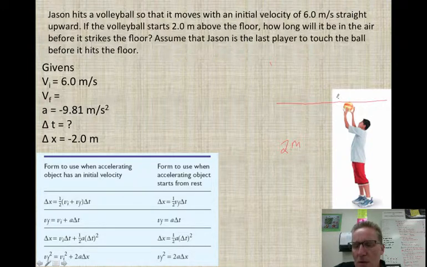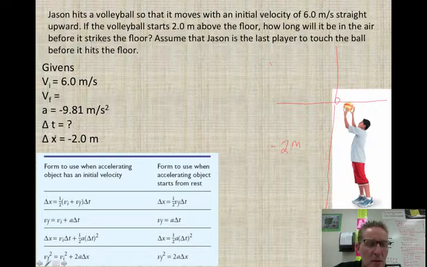However, we're going to call this the 0 point or the origin on the y-axis. I know my line's not very straight, it's kind of slanted actually, but you get the idea. So that means this distance from here to the floor is actually going to be -2 meters. So we would call the displacement here -2.